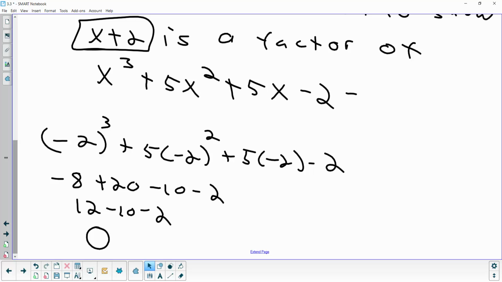So if I was going to factor it, it would be x plus 2 times. How would you get the other factor if they wanted it? The other factor would be your what? Yeah, Matt? The cube. What's the plus cube?